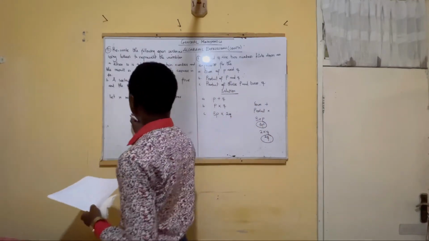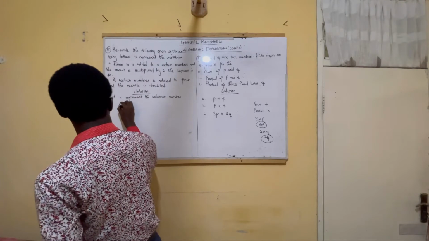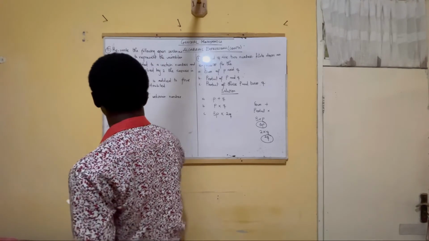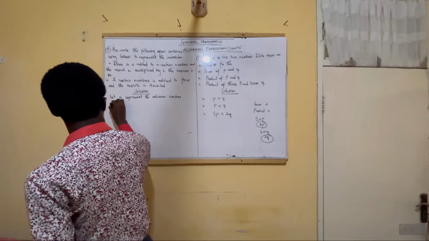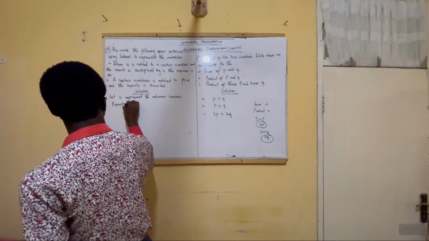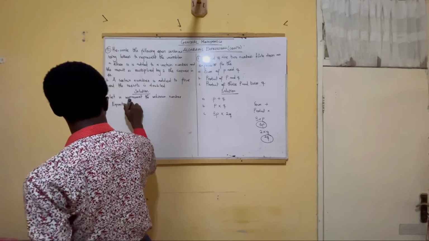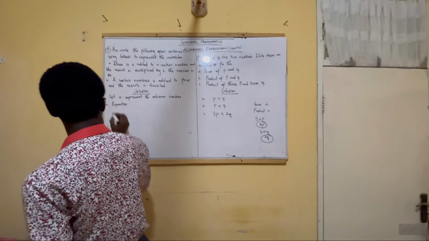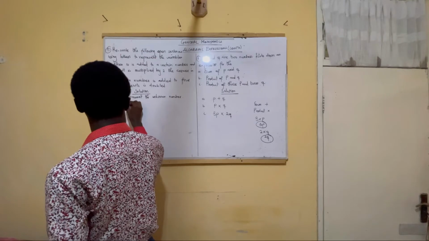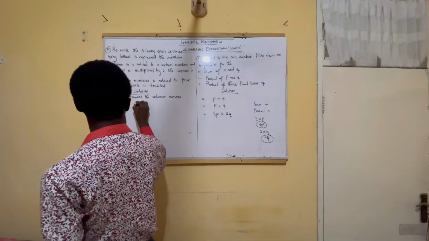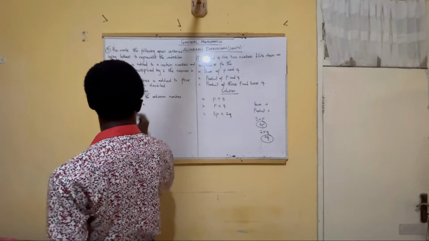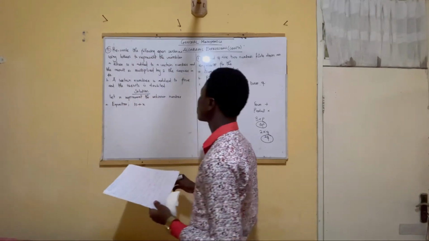So this is the equation, the first example. When 10 is added to a certain number, and the certain number is x, and the result is multiplied by 2.